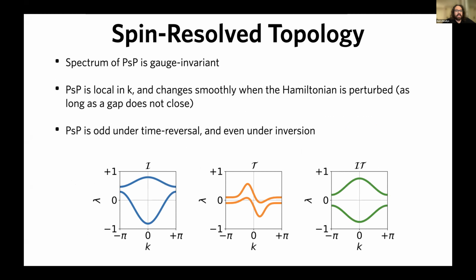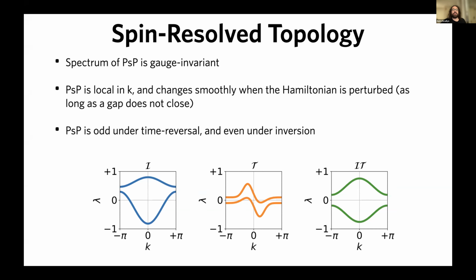Now, I just want to point out that this spin operator projected into the occupied bands, once I make a choice of spin direction, is a gauge invariant operator, so it's observable. It only depends on crystal momentum through the projection operator, which means that its spectrum changes smoothly as I perturb the Hamiltonian.